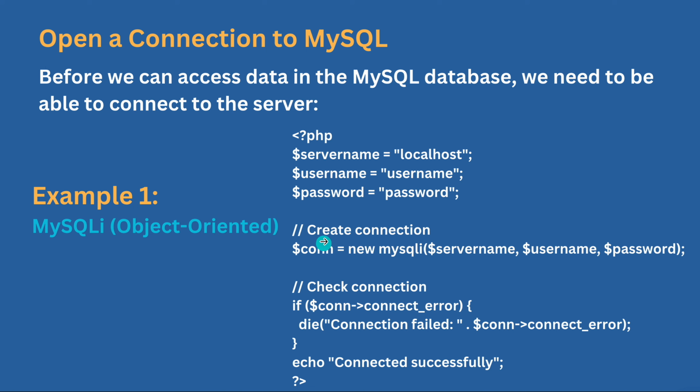Then a connection object will be created. I'll check if the connection object is giving any error. How can I check? Connect error. If connection has any connect error, I can throw a message that the connection failed, with the message of what the error is, or the connection is successfully established with the server. Clear guys?